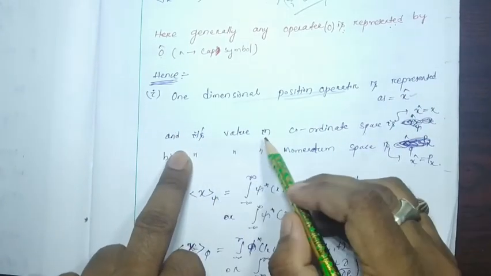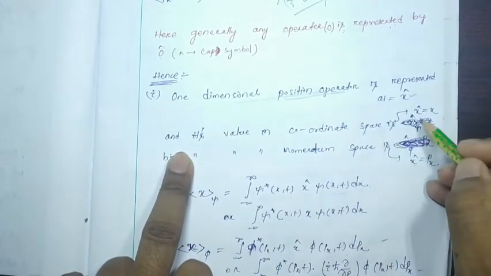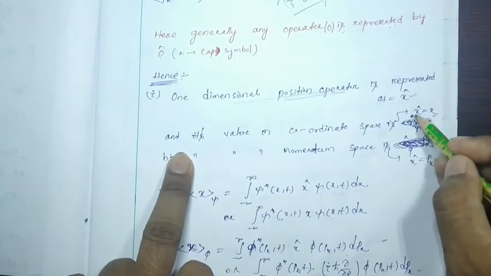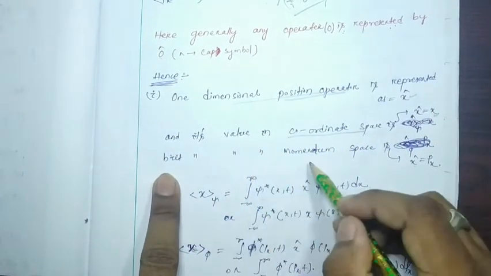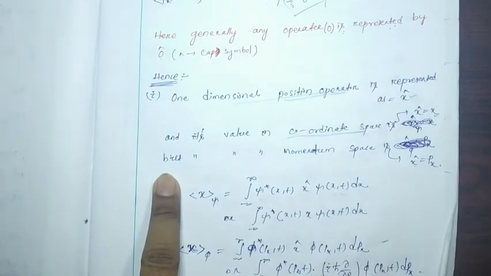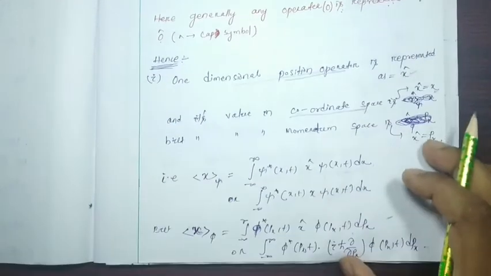Its value in coordinate space is x, but in momentum space its value is px.